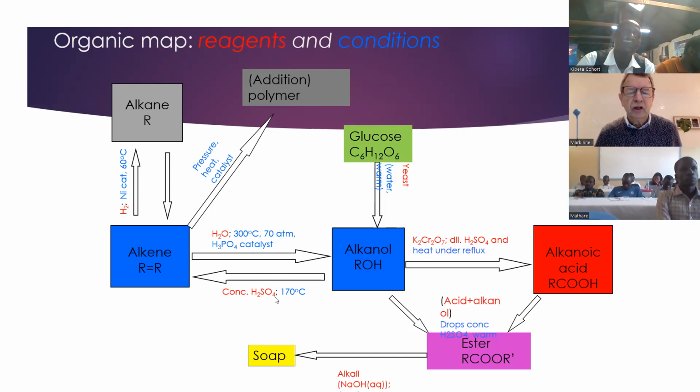Going backwards, the thing which is going to do the damage is concentrated sulfuric acid, but it has to be at 170 degrees or so. Now, you probably know that there is a way of making alkenes to alkanols using concentrated sulfuric acid, but at 70, followed by water.